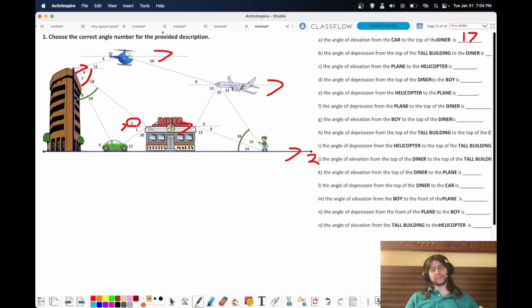But no, not really. The elevation for the boy to the plane is 15. No, it's not 15. 15 doesn't involve a horizontal line. So 15's nothing. It's actually this one right here, 16. Remember, it's got to involve a horizontal line. Okay, that's enough of that one.